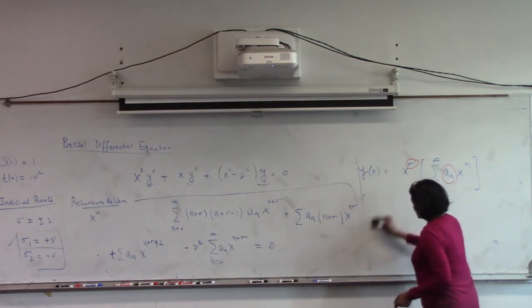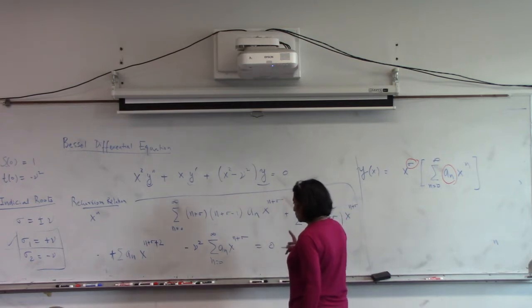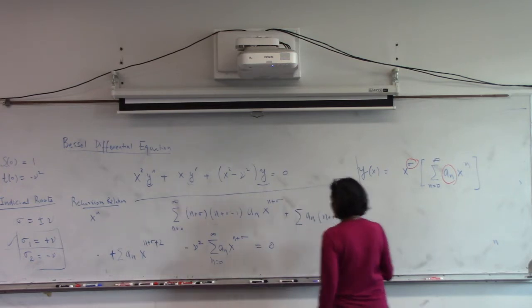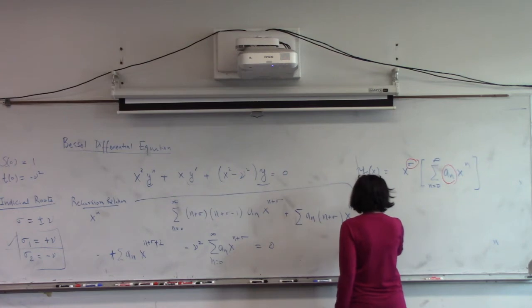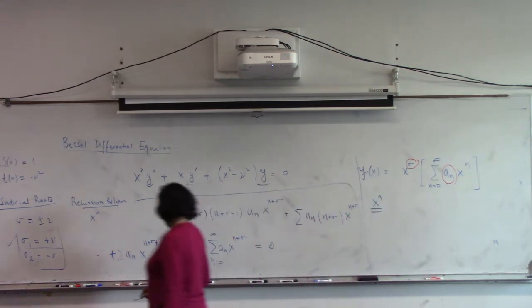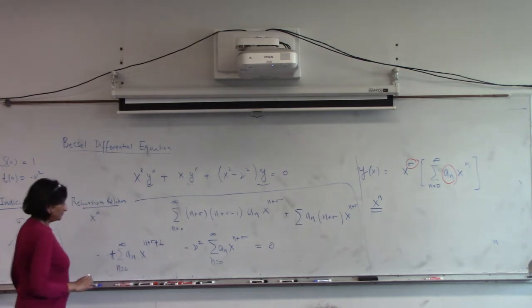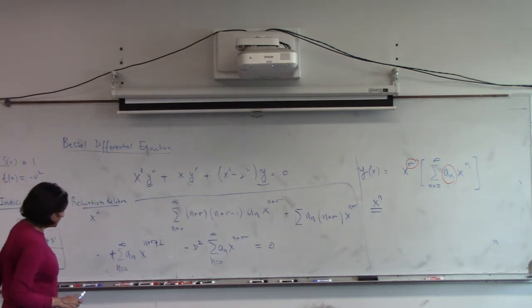And I also want you to look at this equation and say something about coefficient a sub 1. If you compare the coefficient of x to the power of n, that will give you a recursion relationship.